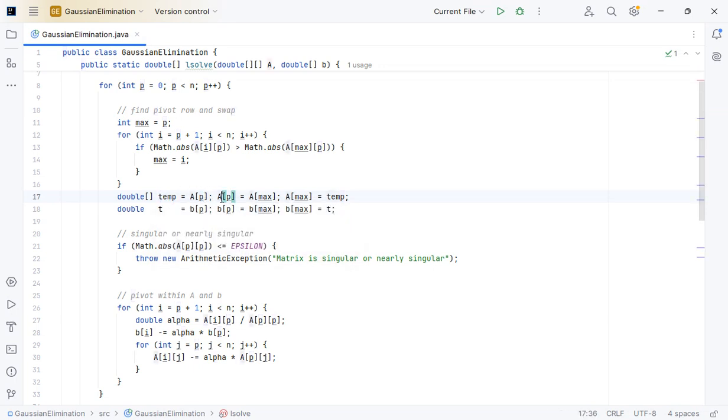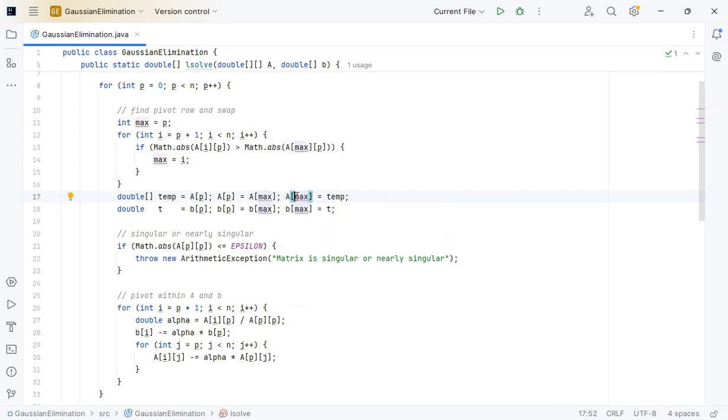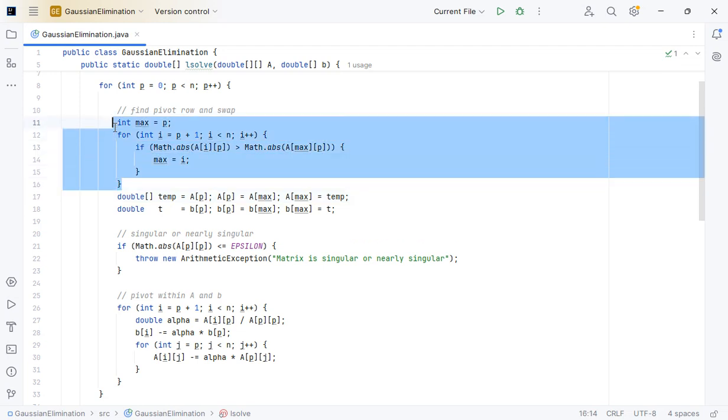And then we substitute this row with the maximum value we have found, and then we put into the previous value the initial value. So actually, guys, do you see that this line implements the swap operation? Here you swap the rows, but here you determine which rows you need to swap. Do you get it?